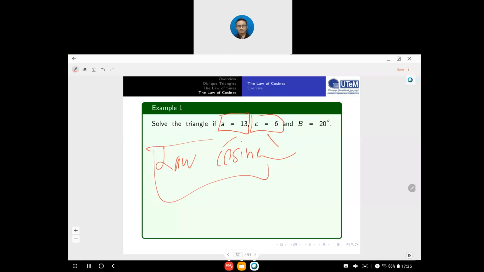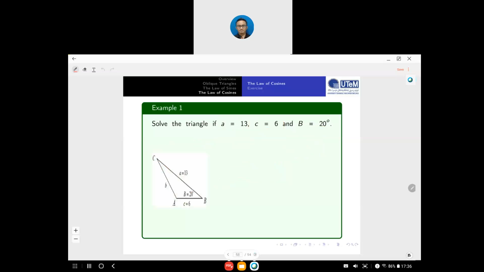When it is not opposite to the length given, you must use the law of cosine. Because in order to use the law of sine, the angle given must be opposite at least one of the lengths. Can you understand? So for this case, you must use the law of cosine.